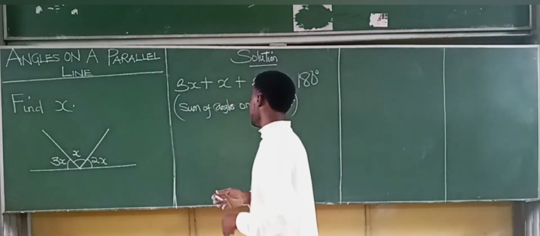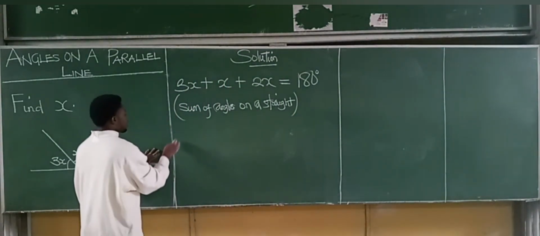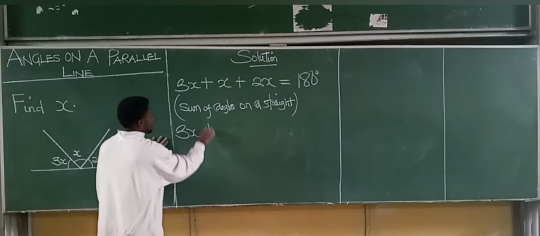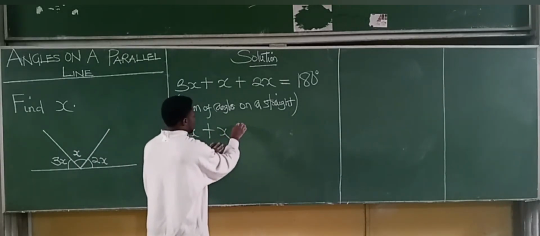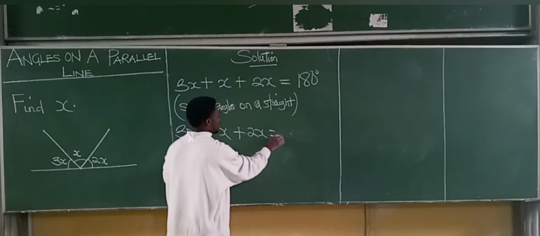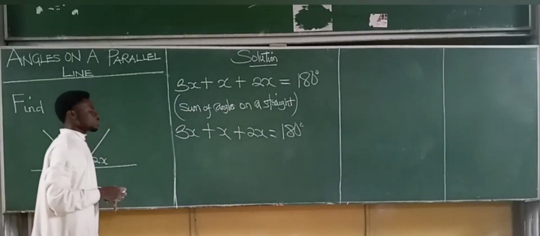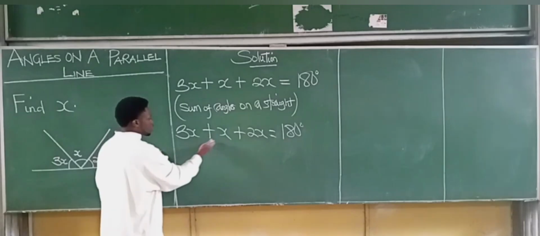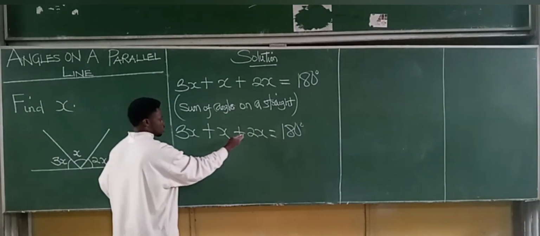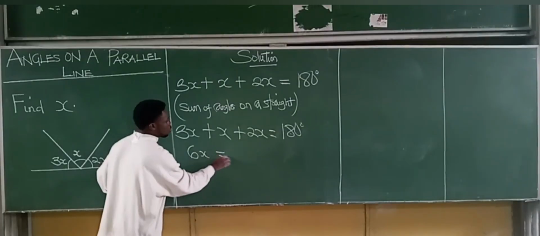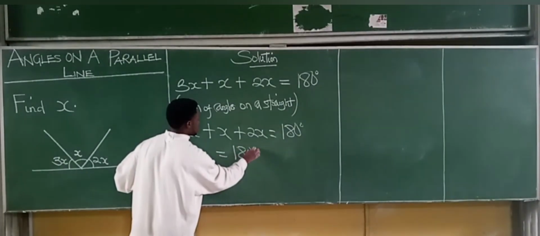Take note. So we have 3x plus x plus 2x is 180 degrees. Collecting like terms, 3x plus 1x plus 2x gives 6x, which equals 180 degrees.